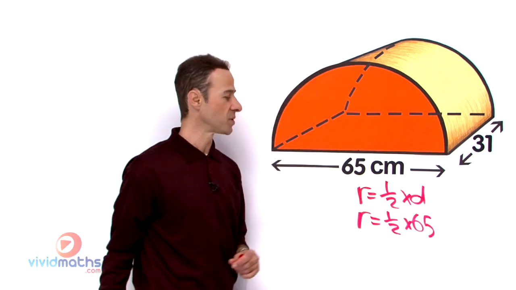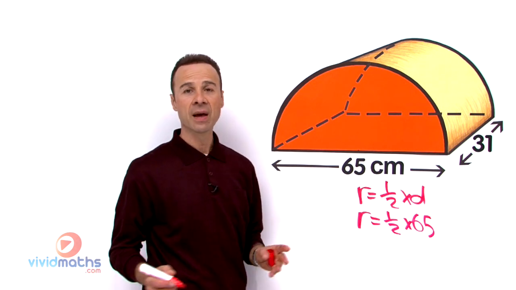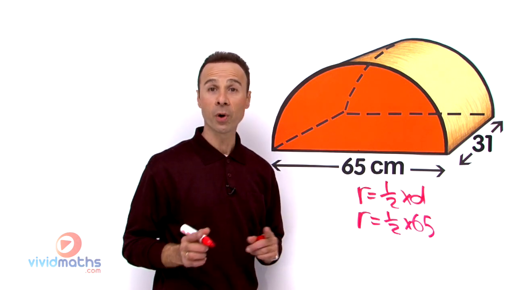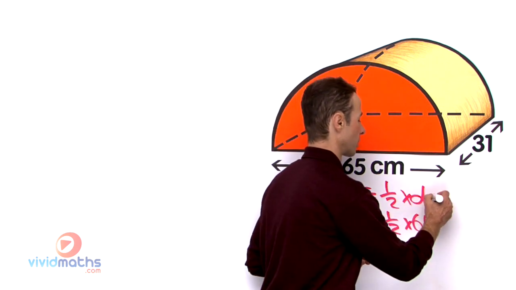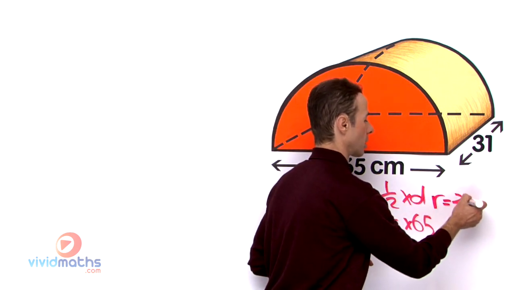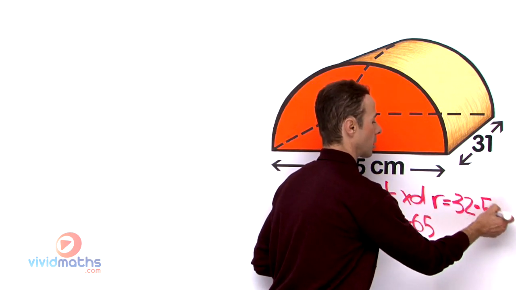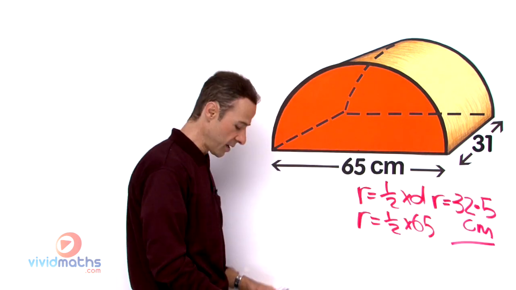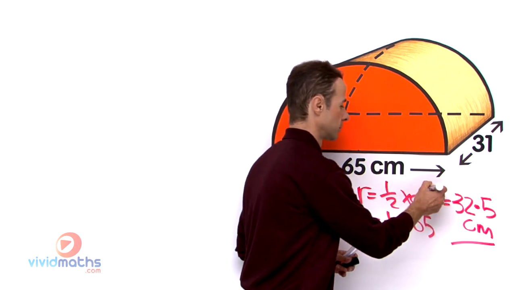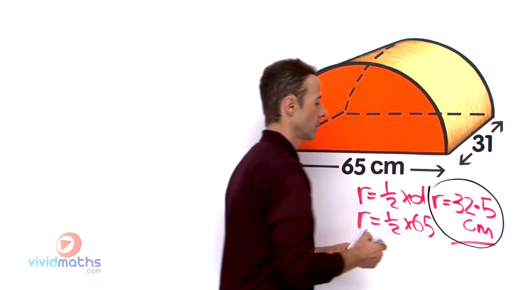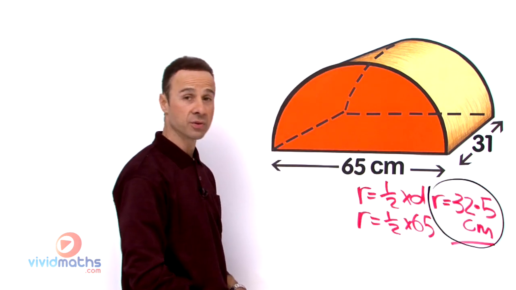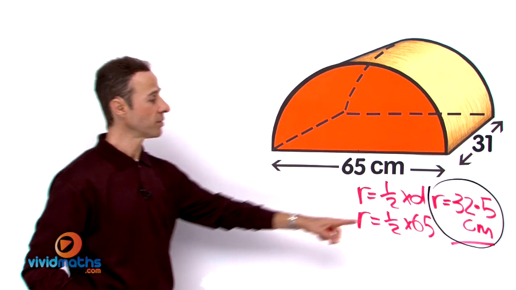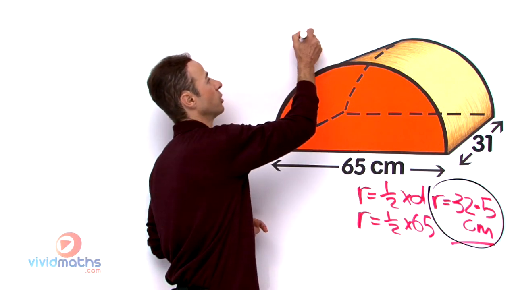Half of 65 is going to be 32.5 for the radius. Okay, we have our radius there. Now, all we need to do is write this up over here so it's easy to find when we need it.